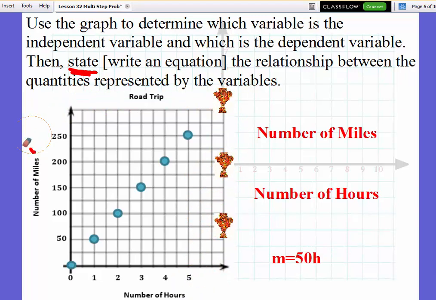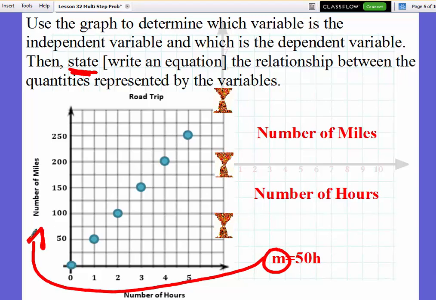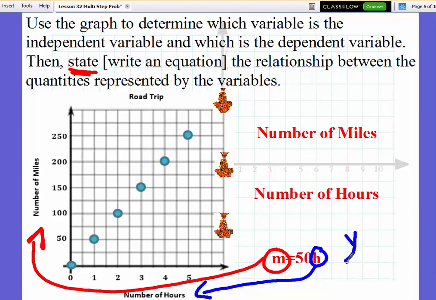Well, let's look at it. M, guess what? That is my y-axis as well. That m standing for miles. And this h, that h is my x-axis. That's actually how it's going to be in all this setup as well. Your y-axis, your dependent variable, is always going to be what you're solving for.